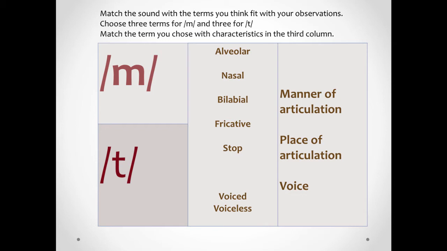The final piece is voice. So we looked at place of articulation, alveolar, bilabial, manner of articulation, stop or nasal. And we are also going to look at, does it have voice? And this voice is the third characteristic of all consonants in all languages. Is it voiced?